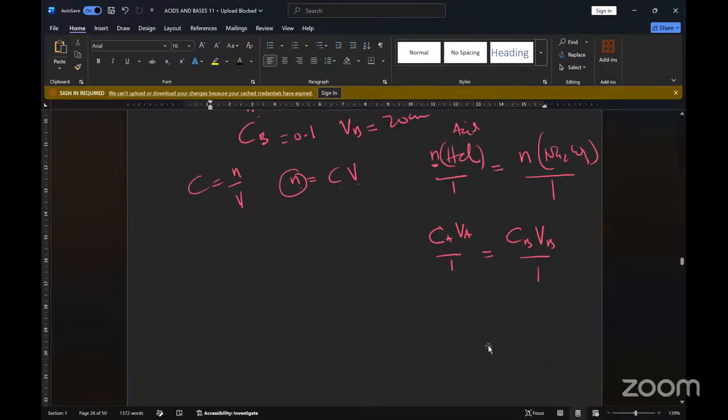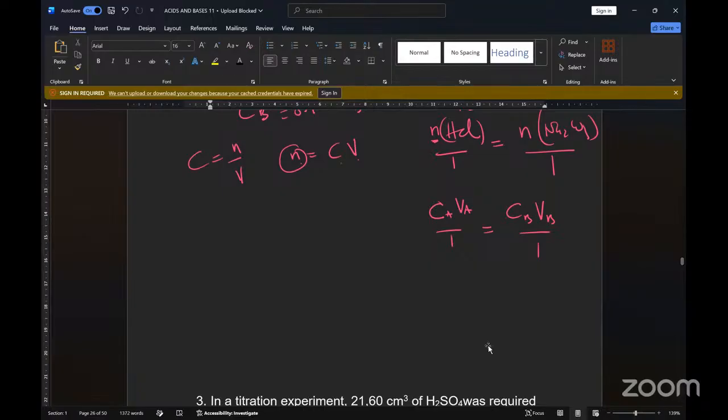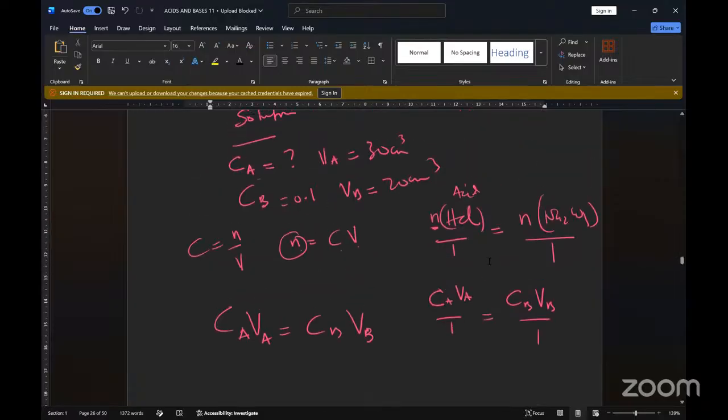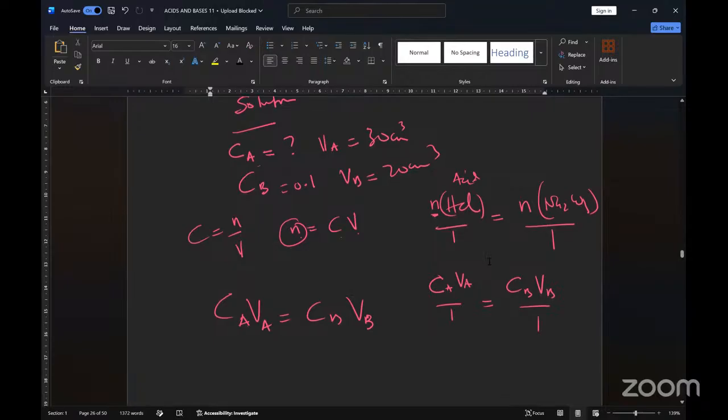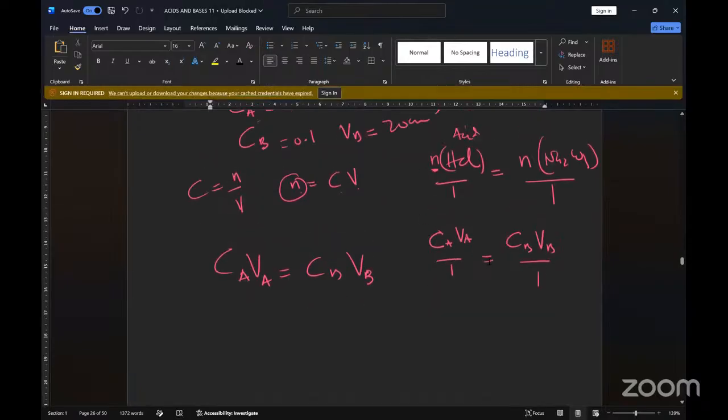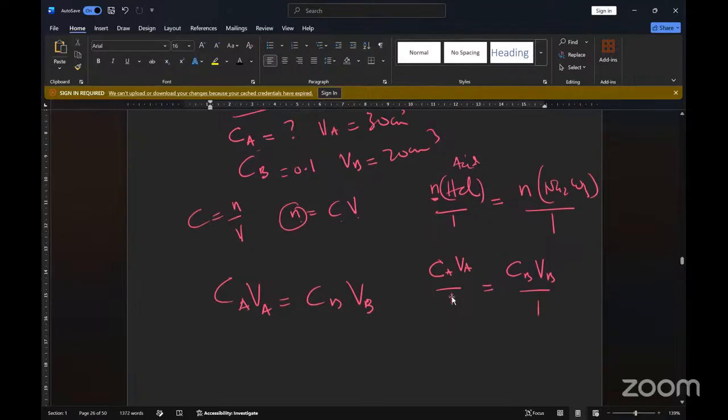Okay? So we are saying that the concentration of the acid times the volume of the acid should be equal to the concentration of the base times the volume of the base. So this is what you are going to do. Then you substitute the information. In this question, the concentration of the acid is the unknown.